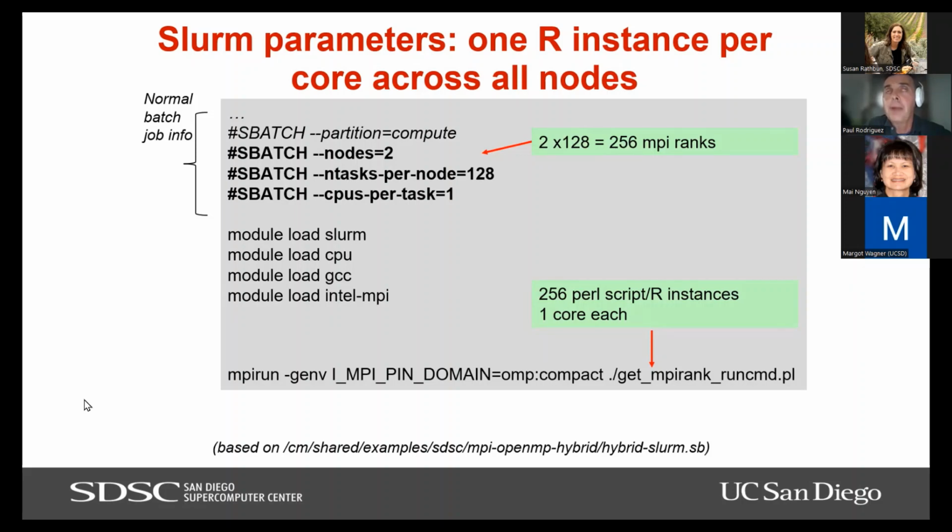It's just a matter of wrapping your computation inside of something that gets the MPI rank and using that rank to specialize or indicate to your program which part of the data, which part of your problem to work on.